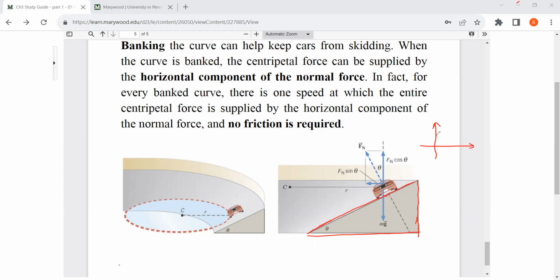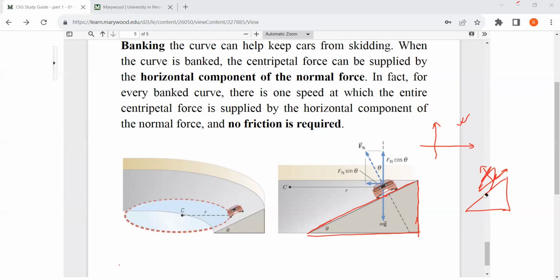Normally the coordinate system is this, and for an inclined plane in chapter 4 we modified our coordinate system, right? If you remember, the coordinate system was something like this or this. But here, when you do the banked turn problem, do not modify the coordinate system.